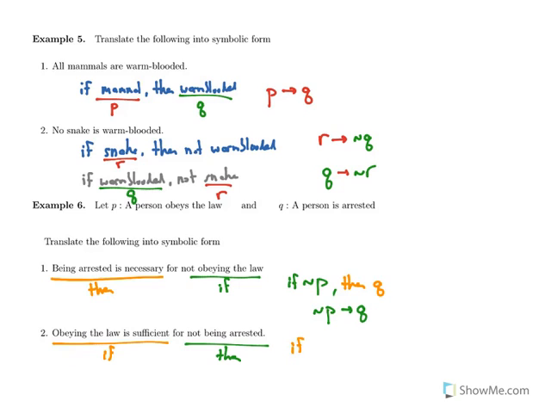So we're saying if you obey the law, that's if P, then you're not arrested, that is not Q. P implies not Q. That's similar to what we did in the previous example with R implies not Q and Q implies not R. So necessary means that we're talking about the then part, that's the consequent. Sufficiency is the if part, that's the antecedent. In the next video, we're going to look at some more complex logical statements.